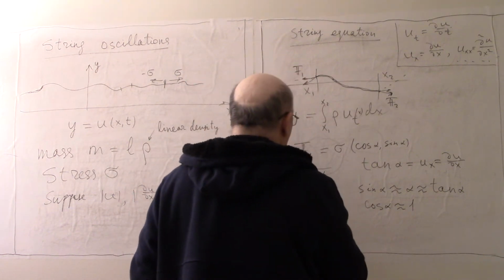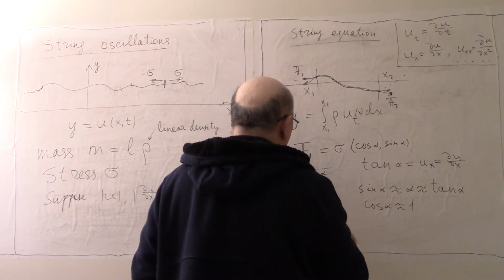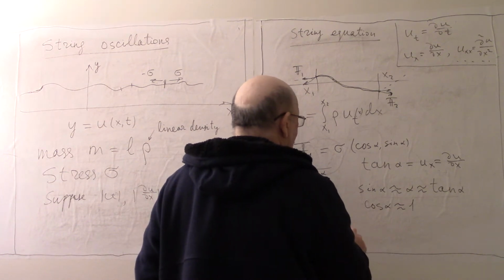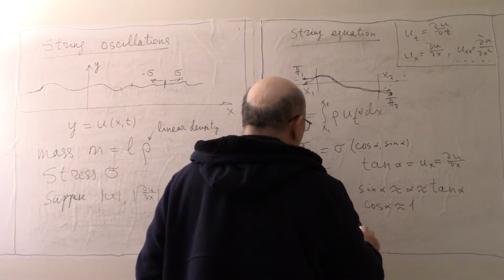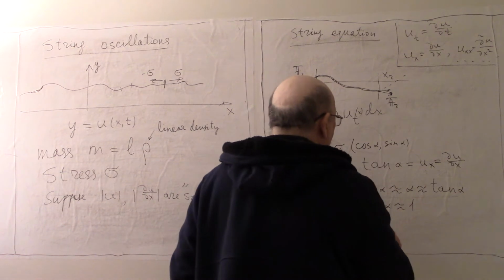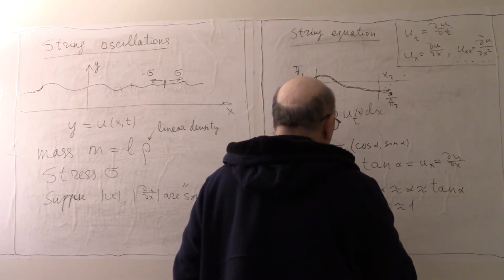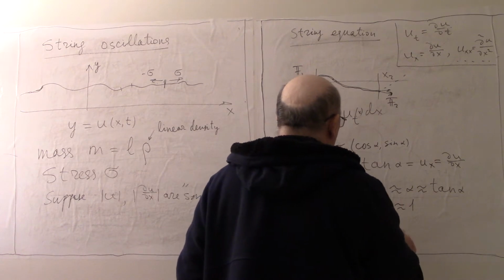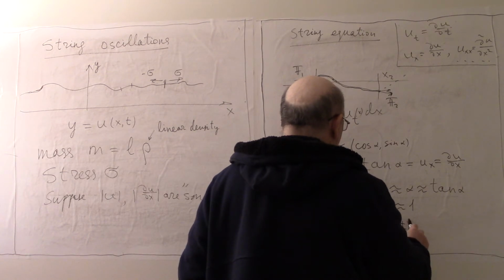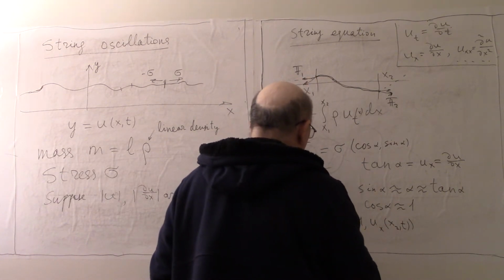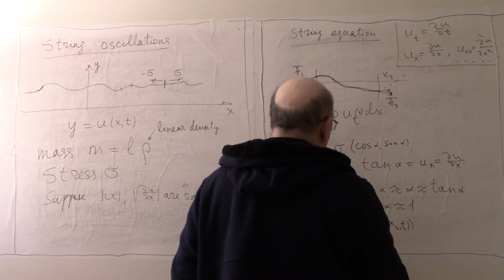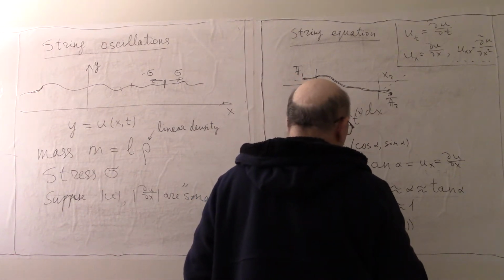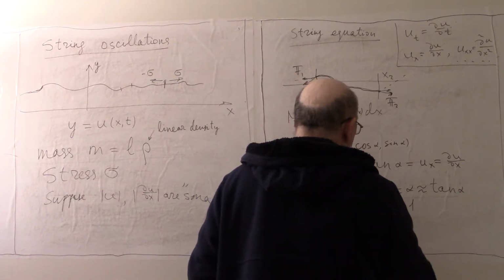This means that F1 is approximately equal to sigma times u_x at the point x2, t, and F2 is approximately equal to sigma times minus u_x at the point x1, t.